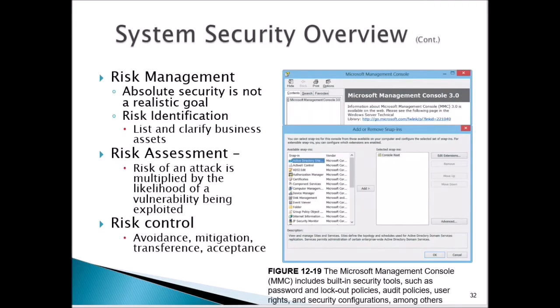Now let's look at risk management, risk assessment, and risk control. Risk management is the understanding that absolute security is not realistic. So you do need to take care of risk identification, where you list and clarify your business assets and what is at risk.